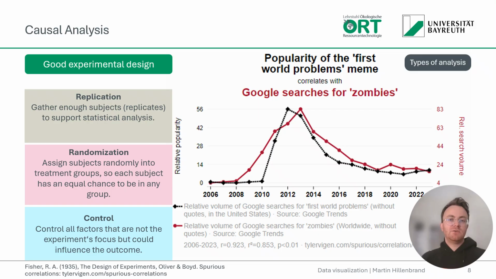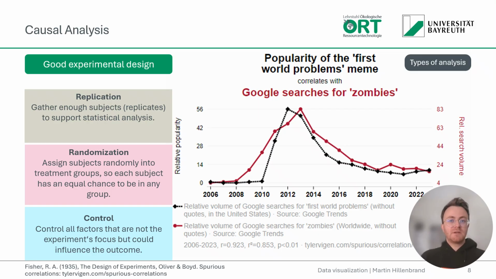And in the end, you also have to ensure that you have control. So you control all factors that are not in the experiment's focus, but could influence the outcome. So, for example, if you're doing some sort of temperature testing and you're testing, for example, a material under different temperatures, you have to ensure that your lab where you're doing the testing has a stable room temperature.